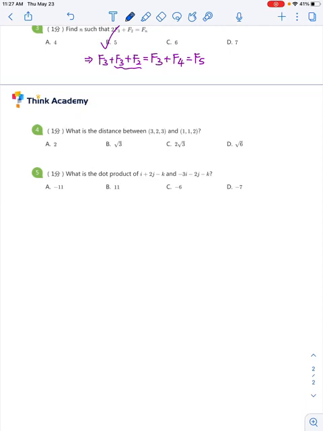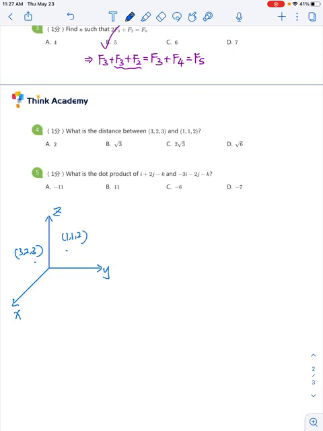Say that you have the axes like this. This will be our x, this will be our y, and this will be our z. To find the distance between these points, you find the points to be over here, 3, 2, and 3, and then you have the other point, 1, 1, and 2.